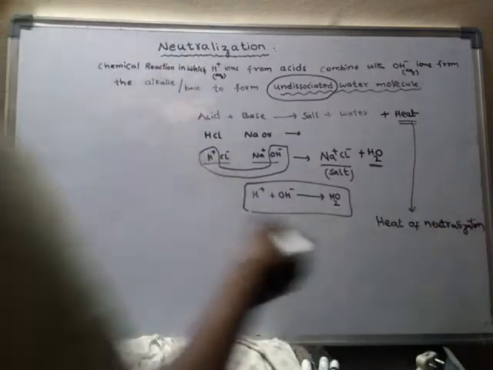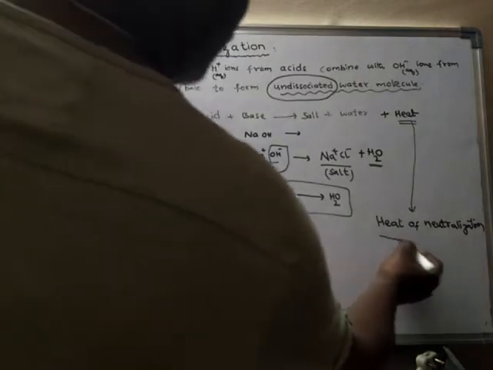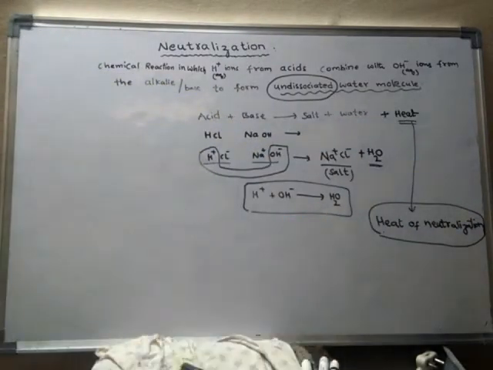The released heat is said to be heat of neutralization. What is heat of neutralization? We can define the heat of neutralization like this: the heat released during the neutralization reaction is said to be heat of neutralization.